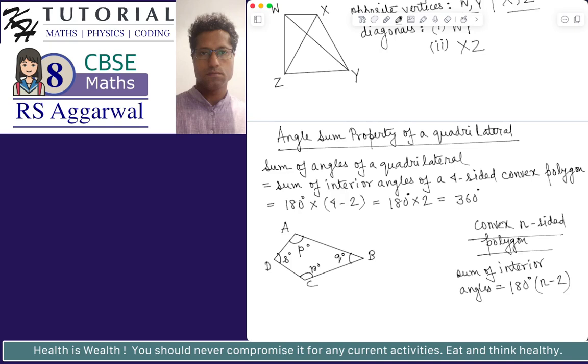So if we substitute 4 as n, we will get 180 multiplied by 4 minus 2, that is 180 multiplied by 2, that is 360. So the sum of the interior angles of a quadrilateral is always 360 degrees.